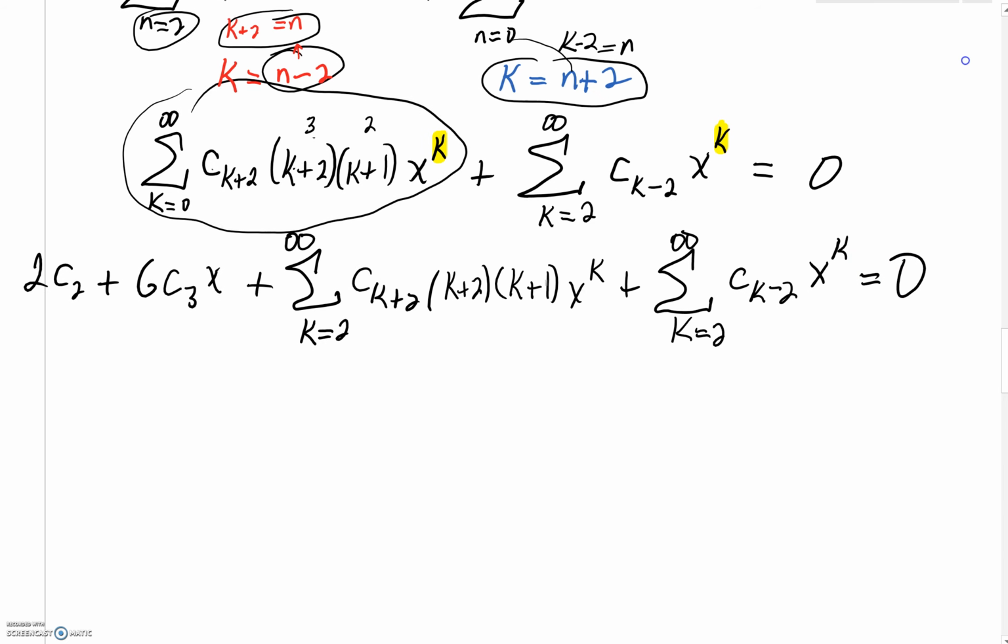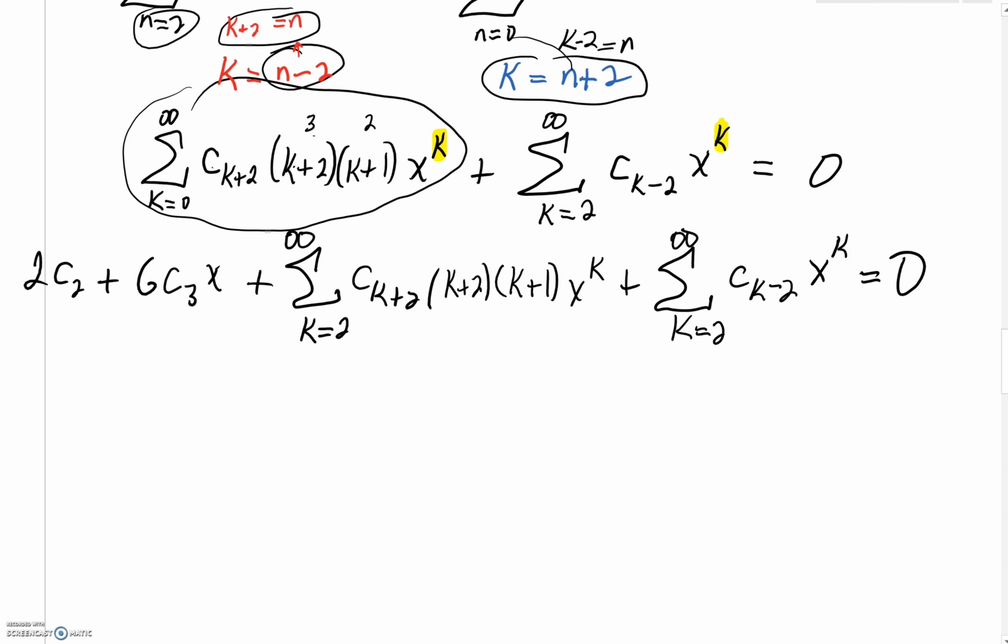You can look at these two series and say not only do they both have x to the k, they both also have the same starting point. So I'm just going to recopy these first two terms, but here's the benefit in what we've just done.